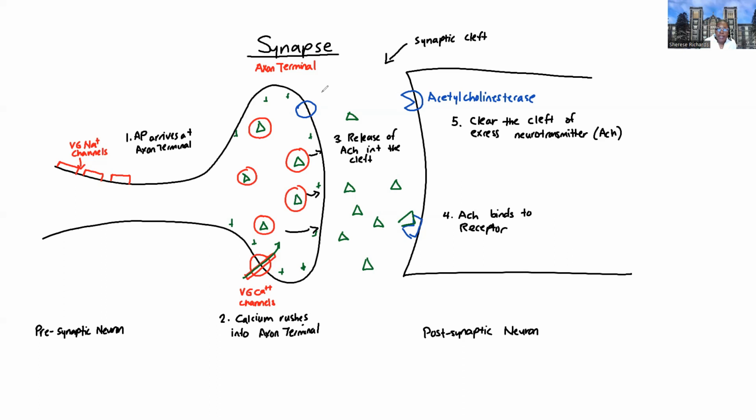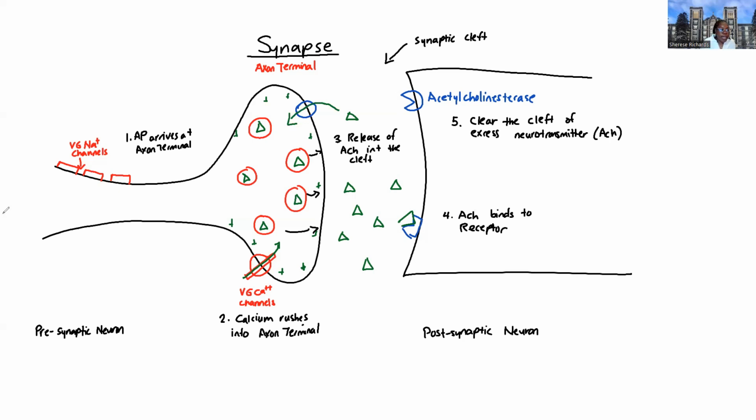So on the presynaptic side, we can have the neurotransmitter be reuptaken, recycled, and repackaged into a new vesicle and essentially just reuse or repurpose that extra neurotransmitter. And the third option is that it can simply diffuse away from the cleft in terms of clearing the synaptic cleft, right?